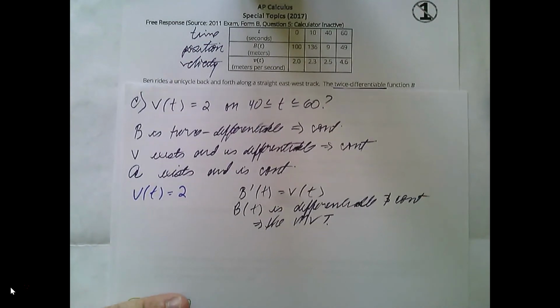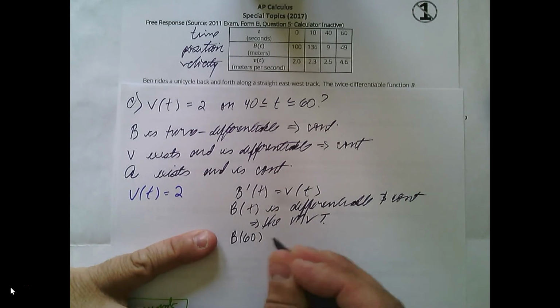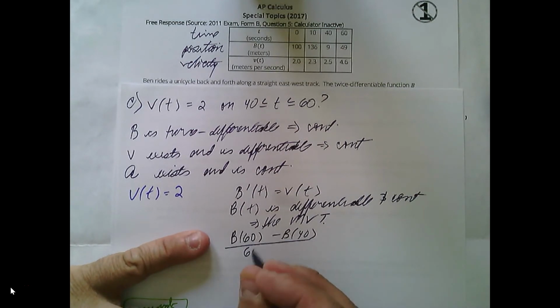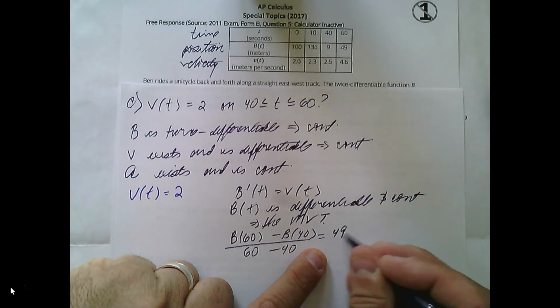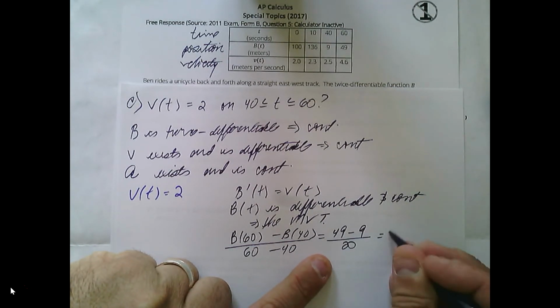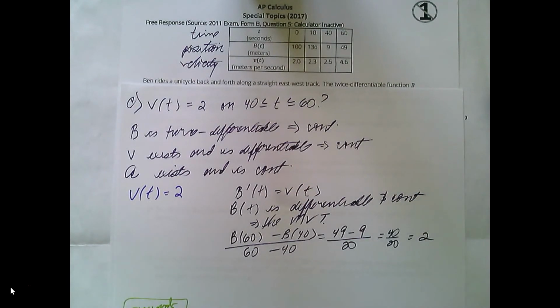What the mean value theorem allows you to do is look at Ben's position at time 60 minus Ben's position at time 40, divided by 60 minus 40. Well, what did we get there? That's going to be 49 minus 9 over 20. That's 40 over 20, which is equal to 2. Oh!